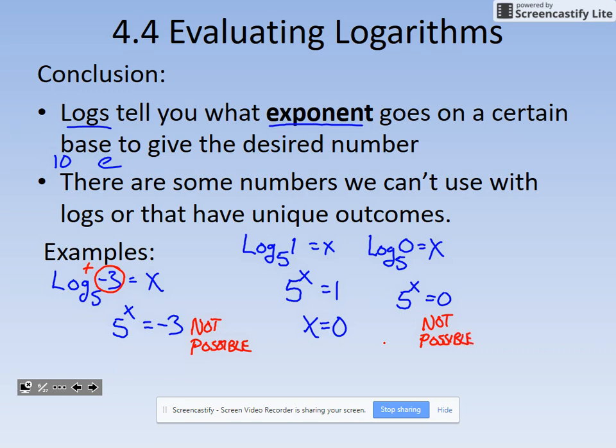Now, if we think about the exponent itself, let me write out this one more time. If I have log base 5, and I'm picking base 5 just randomly, it could be any number here, of y equals x. So this says 5 raised to the power of x is equal to y, correct?